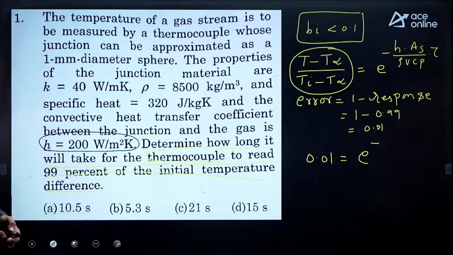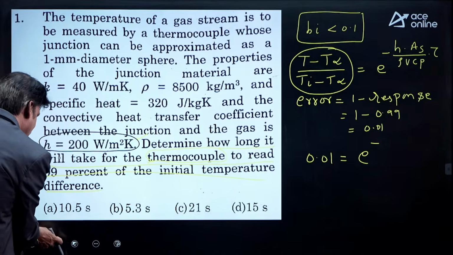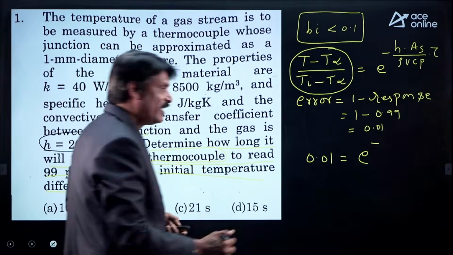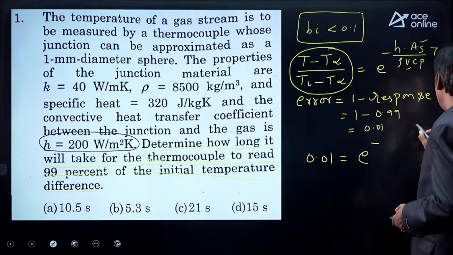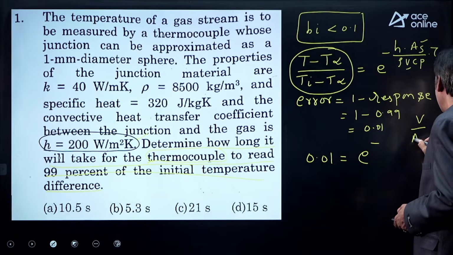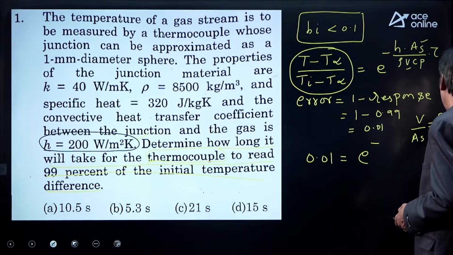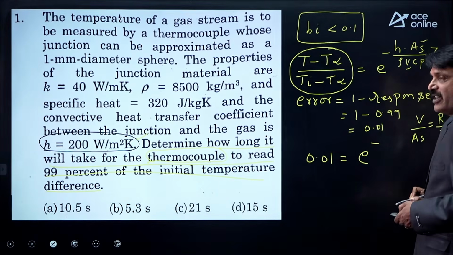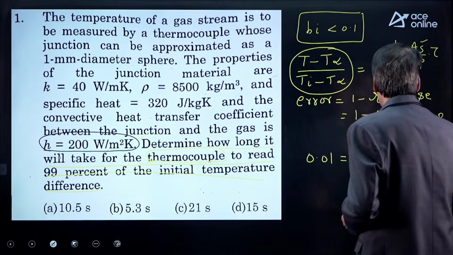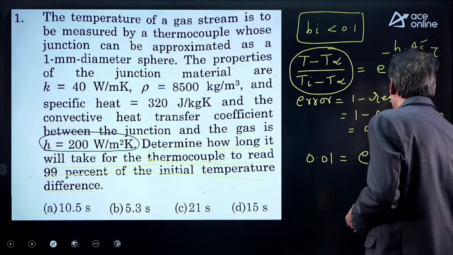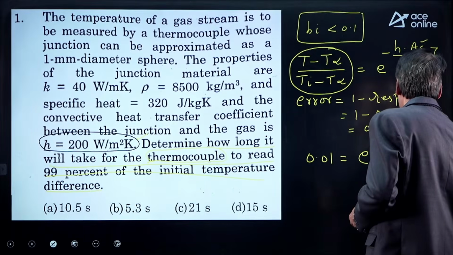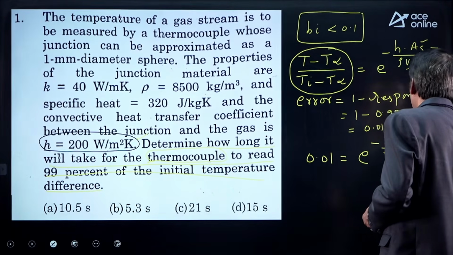And then if you observe, this is volume, this is surface area. Volume divided by surface area is equal to R by 3. So, I will rewrite this value as H into 3 divided by rho R Cp into tau.